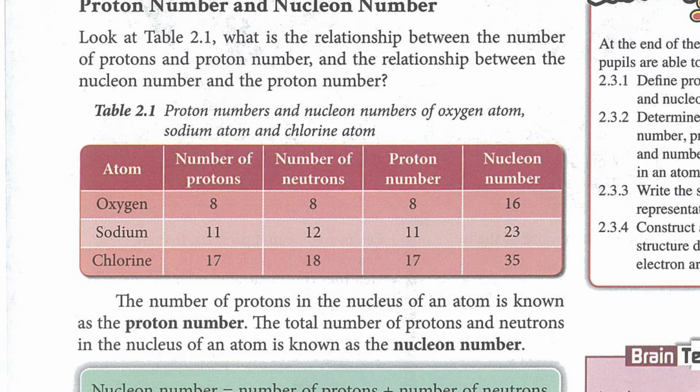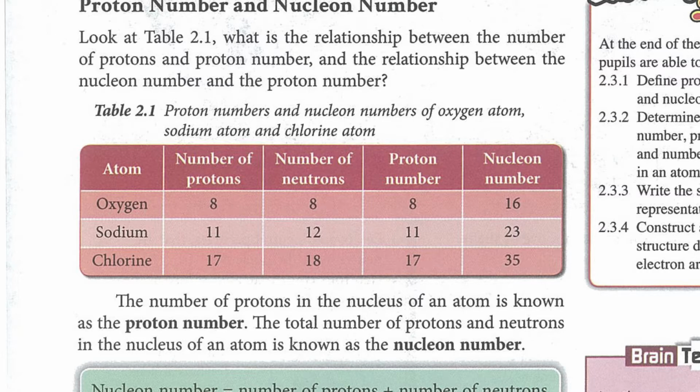Pendek kata, bilangan proton dan juga nombor proton itself is the same. Okay, bilangan proton dan nombor proton adalah sama. Chlorine. When the number of protons of chlorine is 17, the proton number is also 17. Okay, itu adalah relationship between the number of protons and proton number.